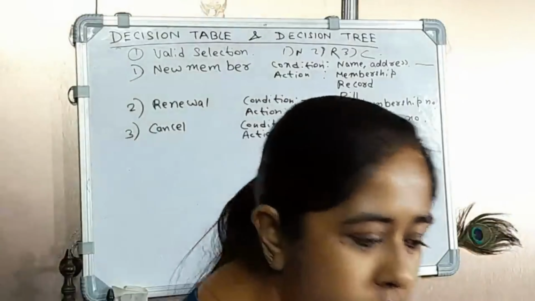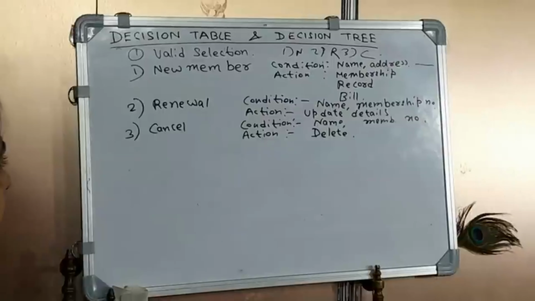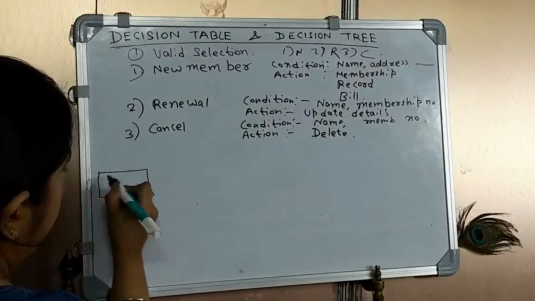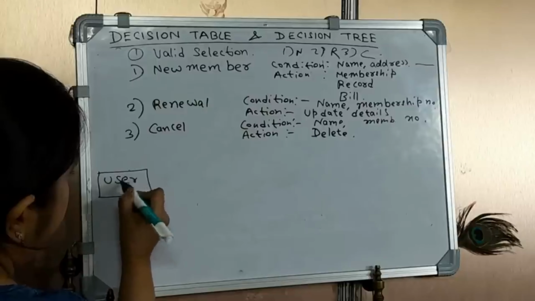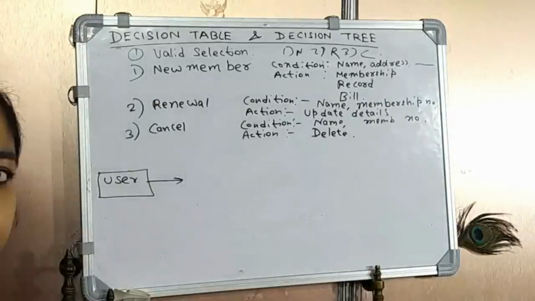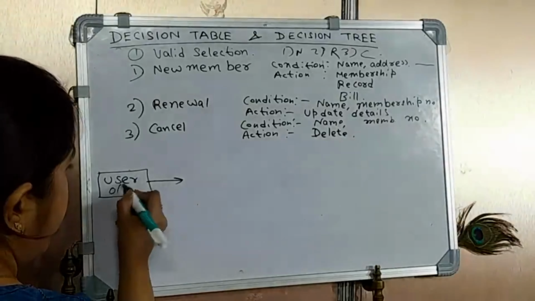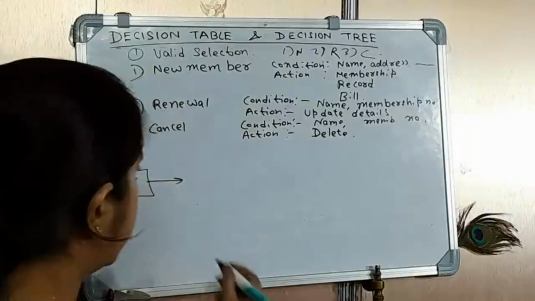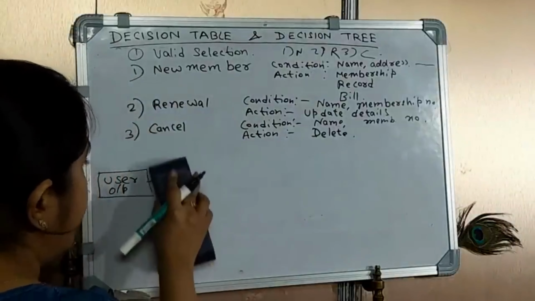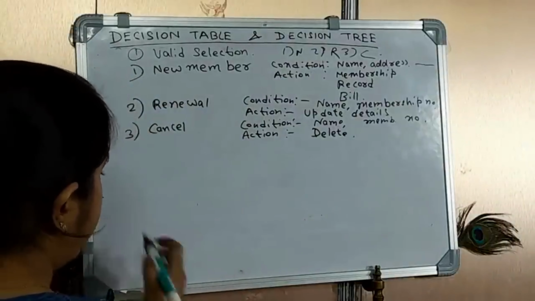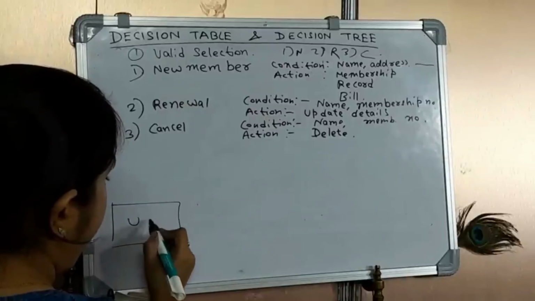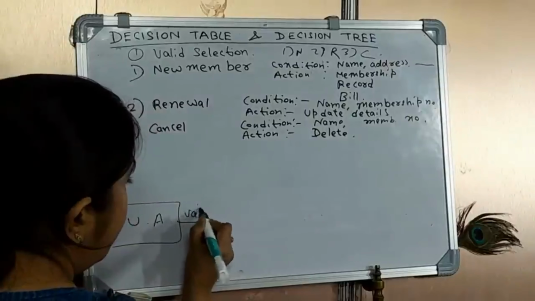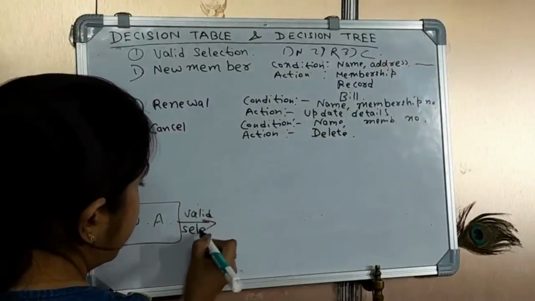So how are we going to perform this in a tree manner? Let's see first. First, the user is going to give his input. Then we have to see for a valid selection. First, the user action, the user will be taking some action. That will be the valid selection.